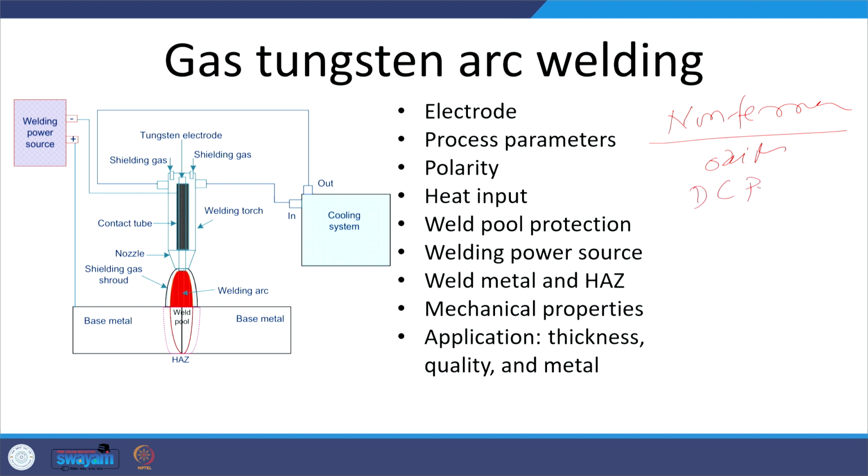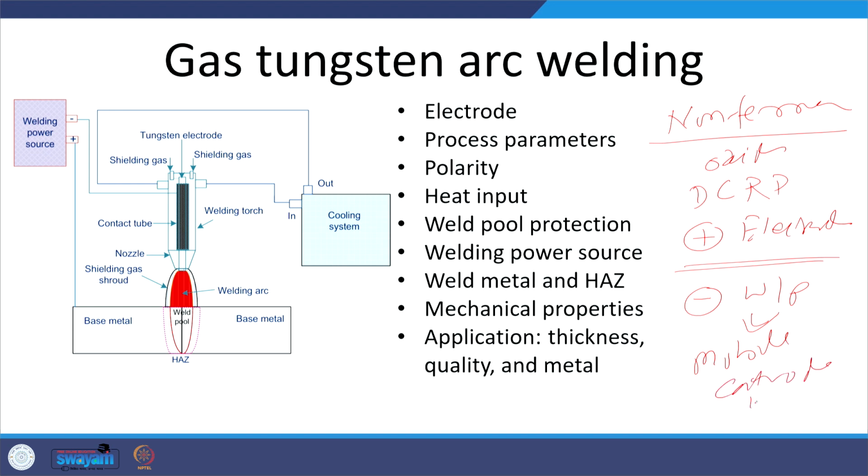When the DCRP is used, our electrode is connected to the positive terminal and the workpiece is connected to the negative terminal. This helps in realizing better cleaning action, especially in case of the non-ferrous metals, because of the mobile cathode spot formation on the workpiece side. This helps in loosening the oxide which is formed on the surface of the weld pool, and that helps in better cleaning action as compared to the DCSP.